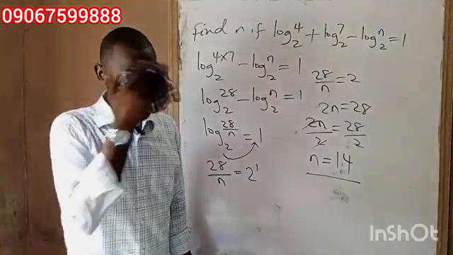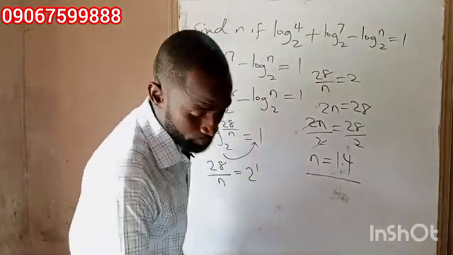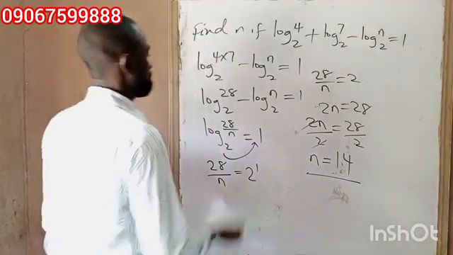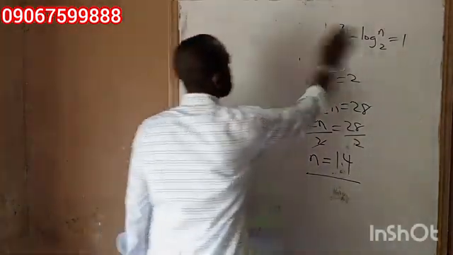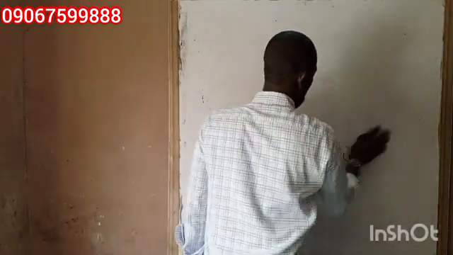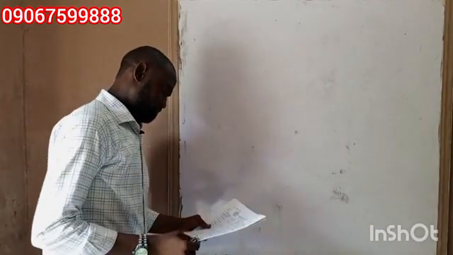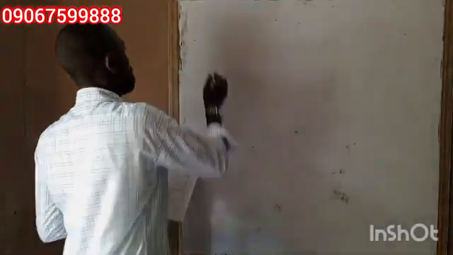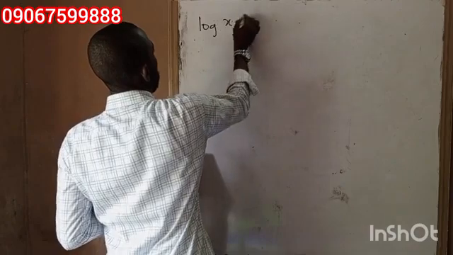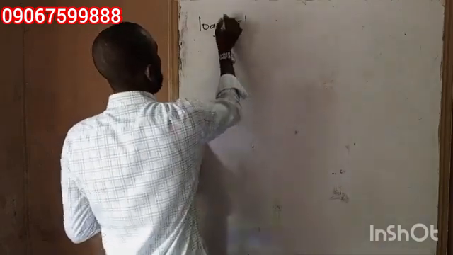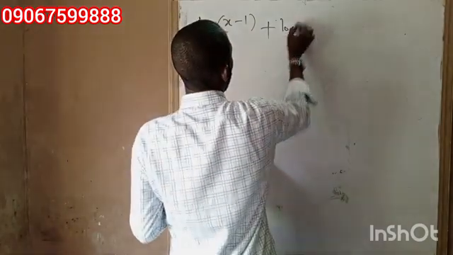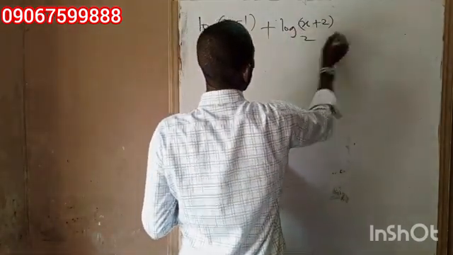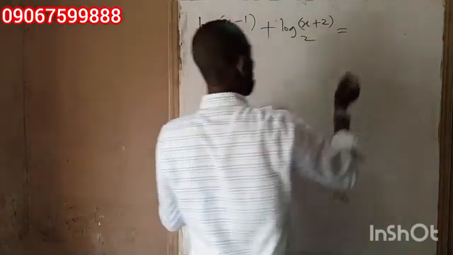So let's solve 2 more questions and we'll call it a day. Alright, so wrap this one off. We have to solve log of x minus 1 base 2 plus log of x plus 2 base 2 is equal to 2.